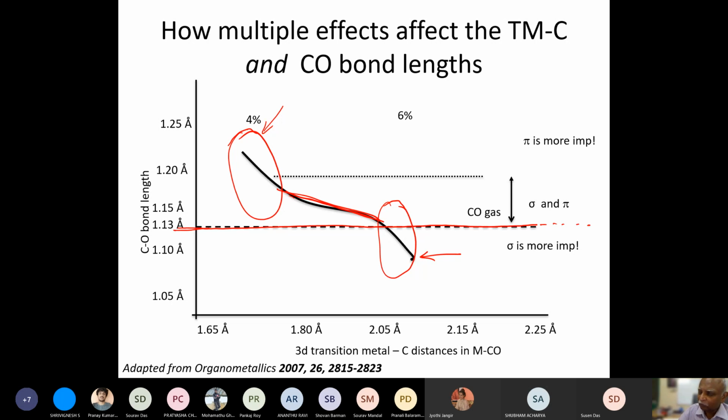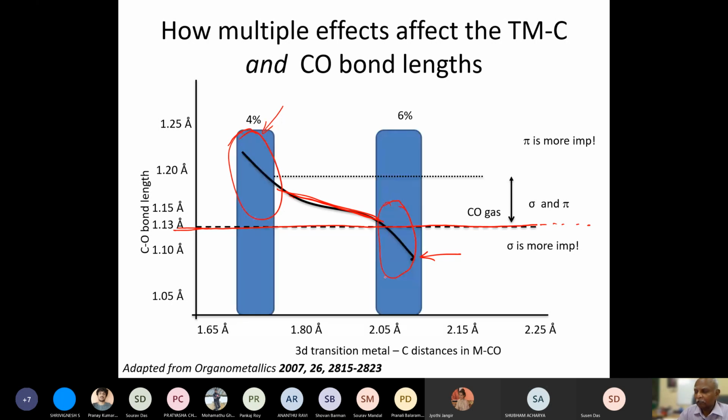So in this end, you have poor sigma. Here you have a poorer sigma bond, but the pi bond is virtually non-existent. So this 6% is coming from poor sigma, but practically no pi bond.